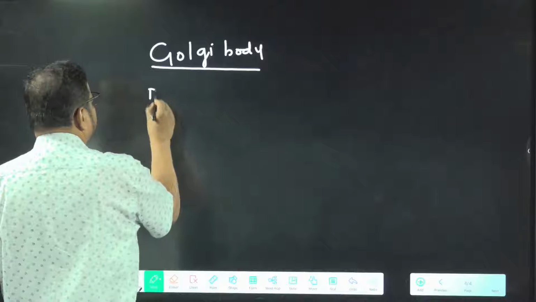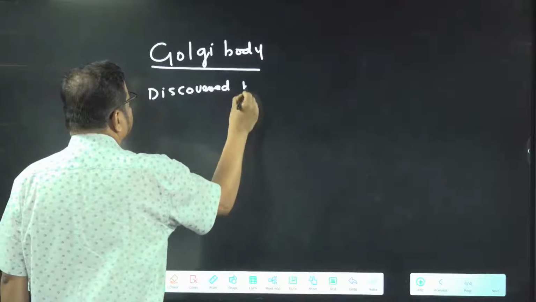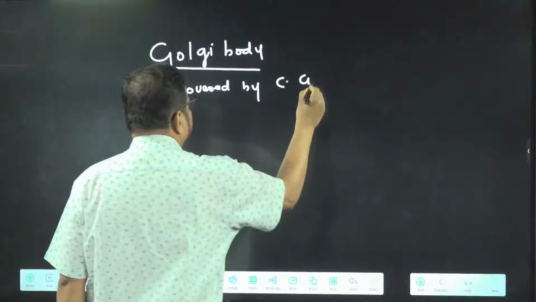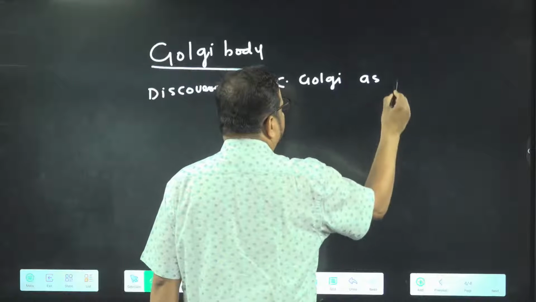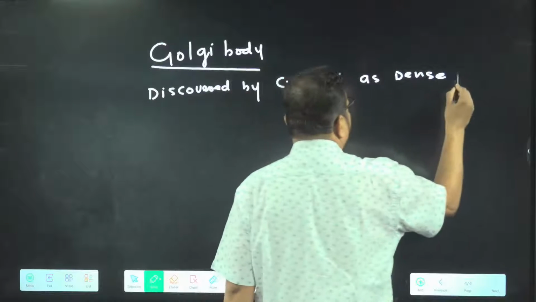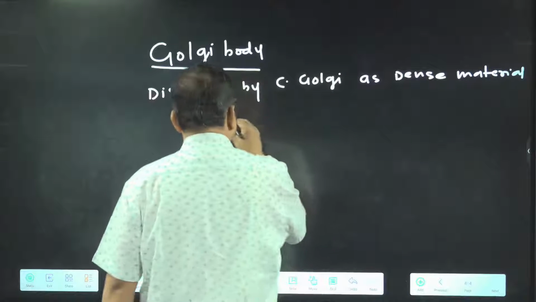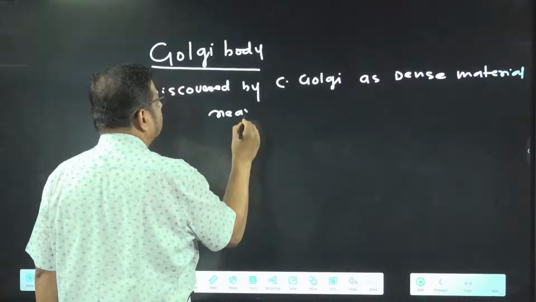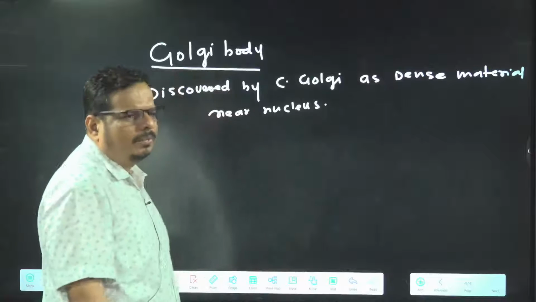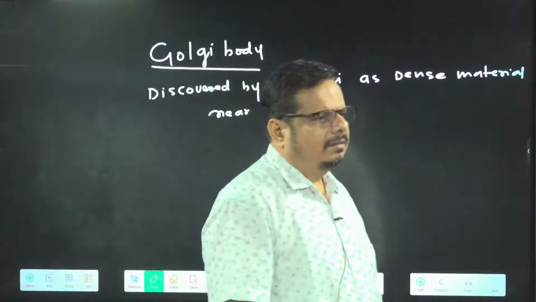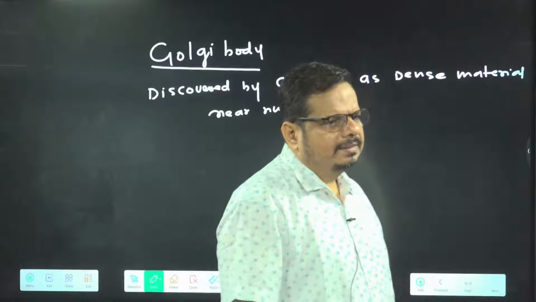So, discovered by C. Golgi as dense material near nucleus, and in honor of his name, getting the things or not, we give its name as what? Golgi body. Is it clear?